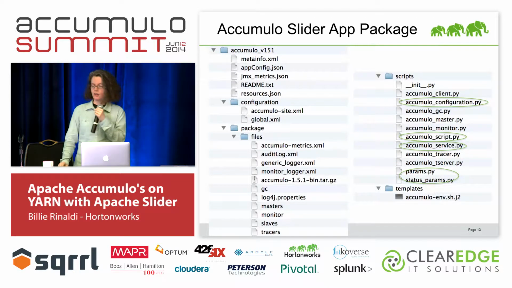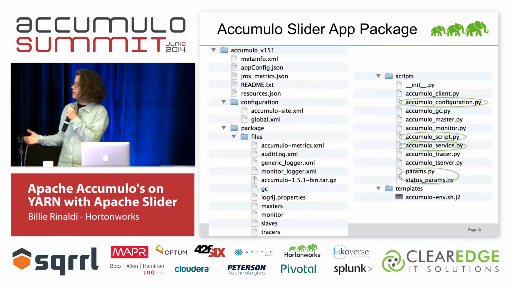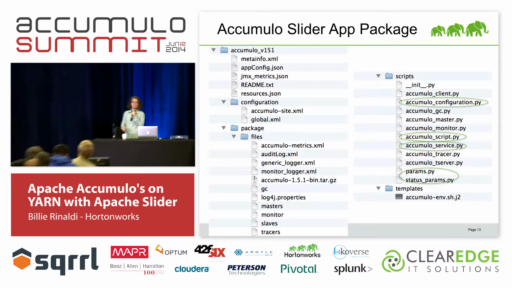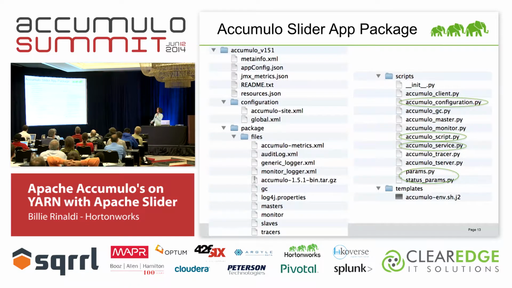I'm going to start to go through the details of the app package for Accumulo that lets it run on Slider. At the root directory, there's the meta info XML and a couple of JSON files. Those are all telling Slider about the app package, basically, and I'll go into those in more detail. In the package directory, we have basically all the Accumulo files.